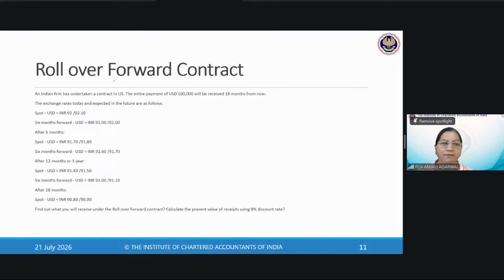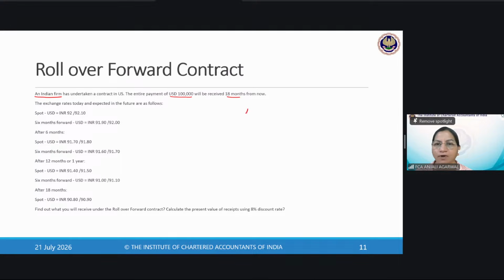What do we mean here? There is an Indian firm and it has undertaken a contract in US. Whatever the payment is, which is USD 100,000, it is going to receive after 18 months.